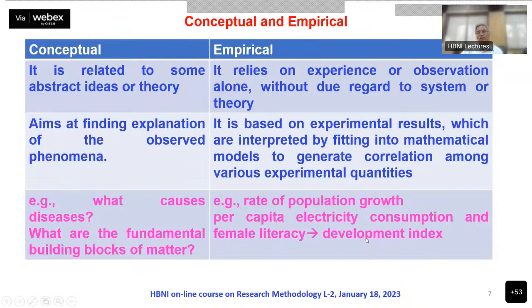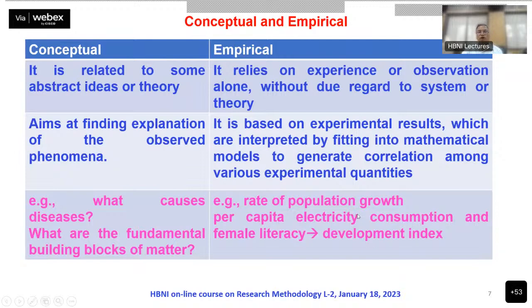In fact, Dr. Chidambaram, our former chairman of AEC, proposed this kind of correlation. The different countries can be classified in terms of their per capita electricity consumption and the female literacy to see the level of development in those countries. So there was a fair amount of correlation between these two.